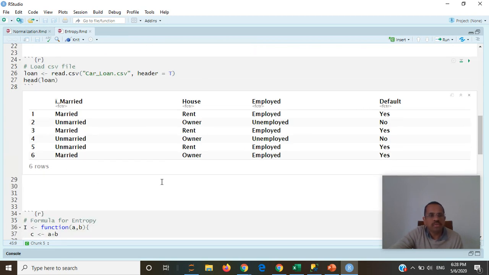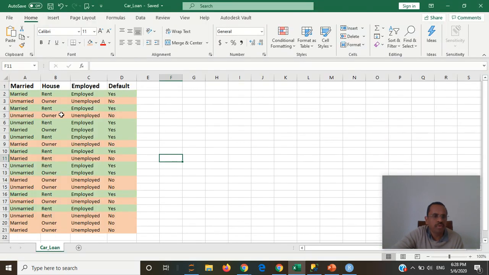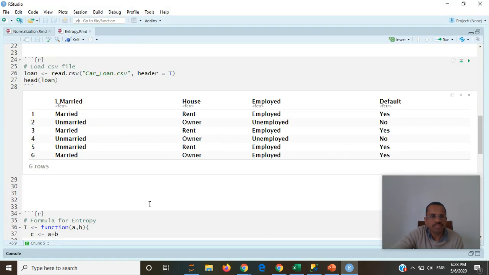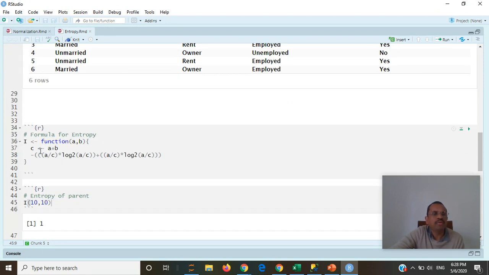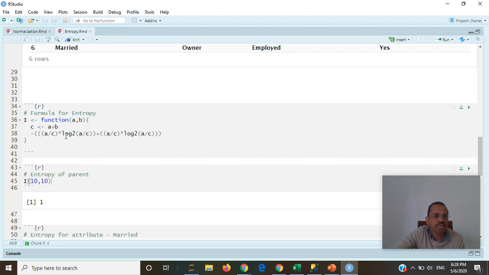I loaded this table, which I showed before, into R, and we can see the first 5 or 6 rows. Then to calculate entropy, I created a simple function where we get A and B, that is the proportion of two values, and then I can return directly what the entropy is.